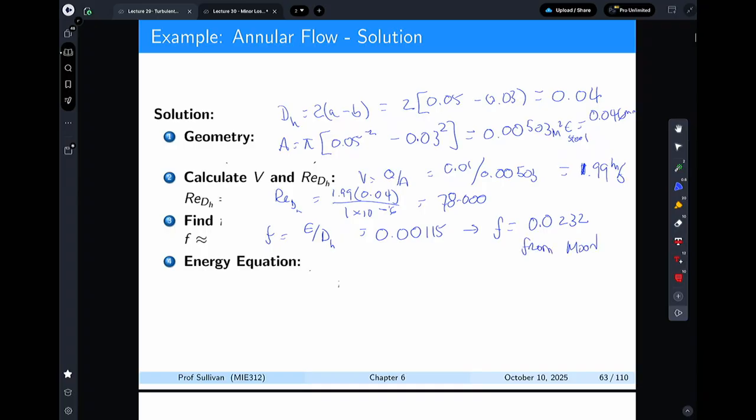And I'm going to say it's from the Moody chart. In all likelihood, I got this directly from the Holland equation. And again, you have a 2% error associated with the Holland equation relative to, say, the Colebrook-White equation, which is the basis of the Moody diagram. But to be honest, I can't pick out anything better than the 1,000th or 100th place, really. And even there, I'm sort of pushing it.